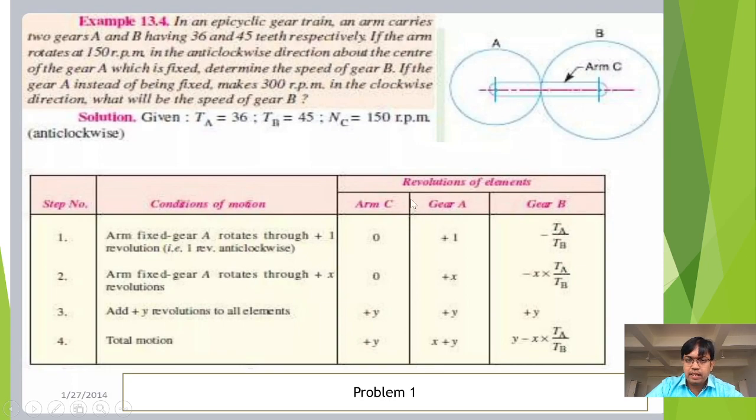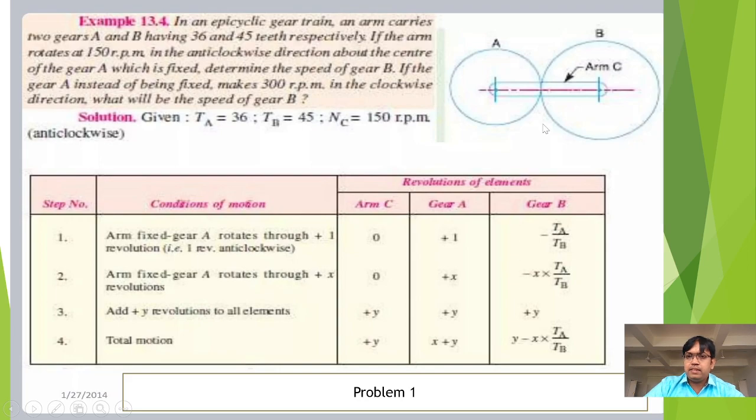In the table of revolutions of the elements, whatever element has been fixed has to be written in the first column. Whatever element is rotated first as an input has to come in the second column. And the third column will automatically be the third element.